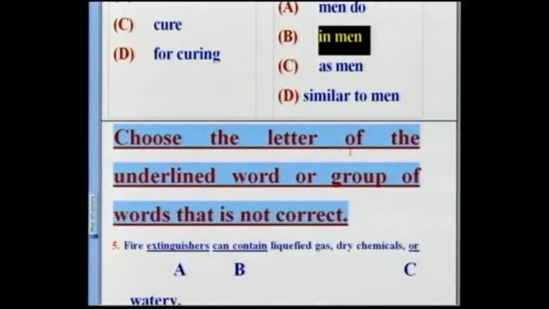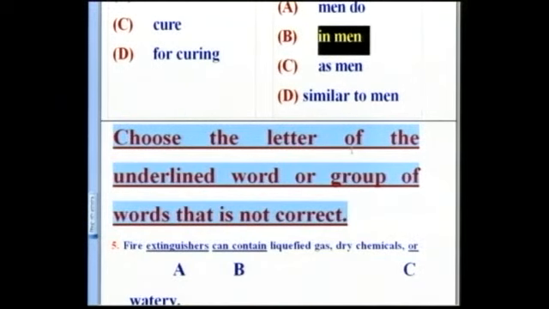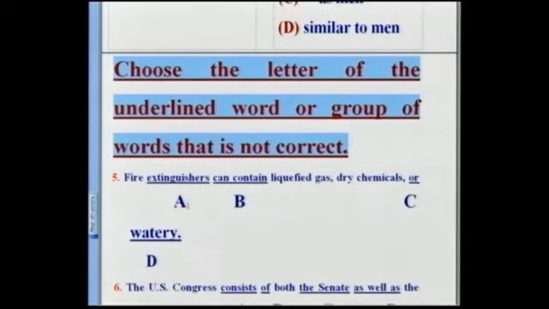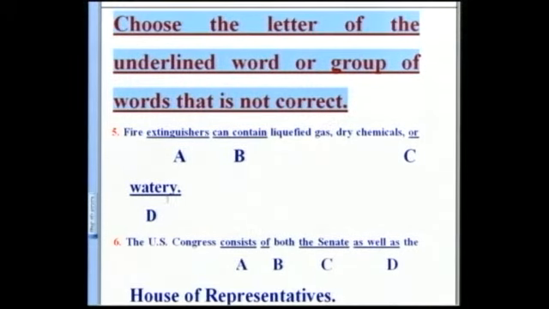Choose the letter of the underlined word or group of words that is not correct. Fire extinguishers, the things that put out fire, can contain liquefied gas, dry chemicals or watery.